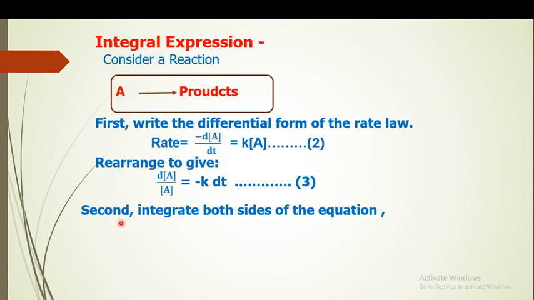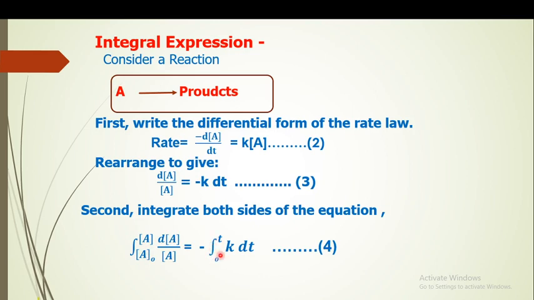So integrate both sides of this equation within the limits A0 to A, because here the concentration of A changes from A0 to A. A0 is the initial concentration of reactant and A is the concentration at time t. So A0 to A, dA upon A is equal to, minus sign is taken outside the integration and time changes from 0 to t.